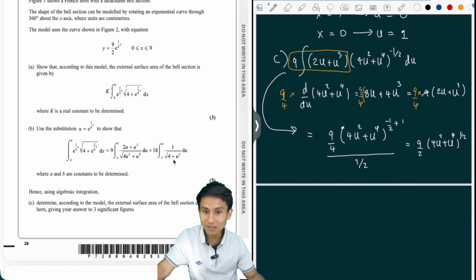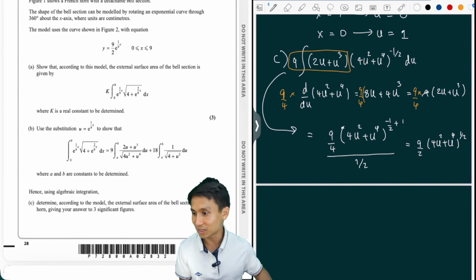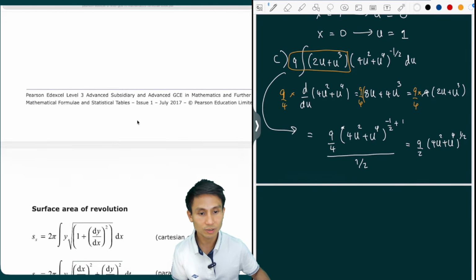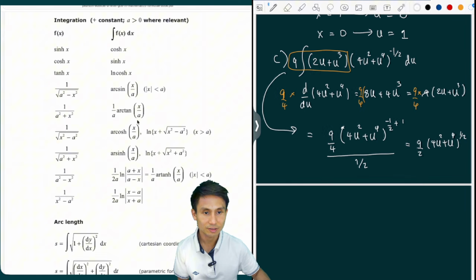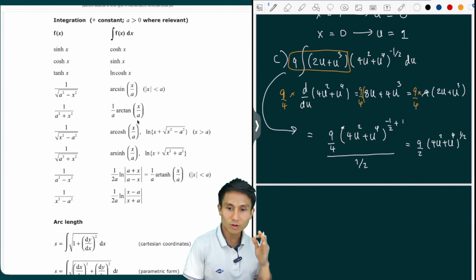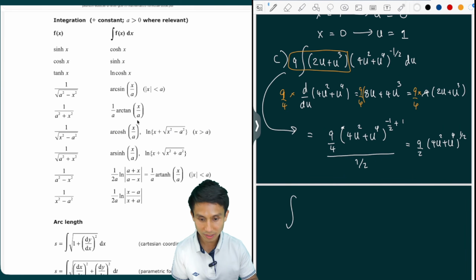And the other bit is 1 over square root of that. Now, we've got to look at the formula sheet here. Let's open the formula sheet. Here we go. Yeah, let's look at these ones. So we have 1 over square root of 4 plus u squared. So we write that, 18 times 1 over square root of 2 squared plus u squared du, since 4 is 2 squared.